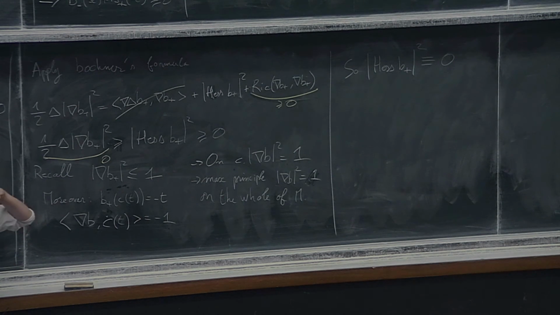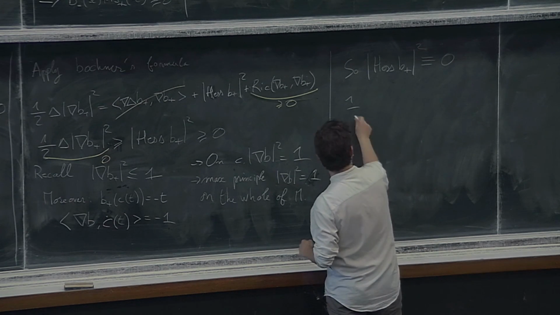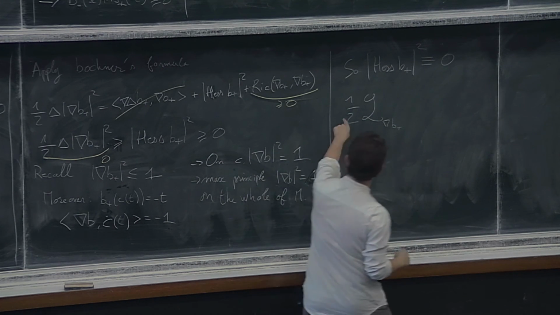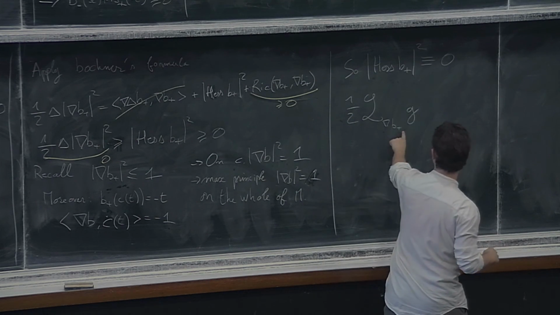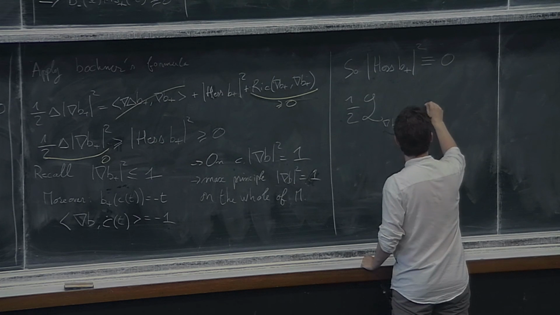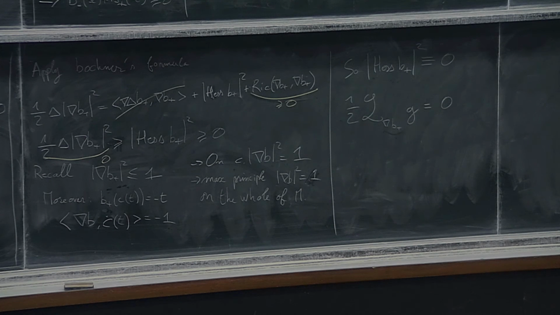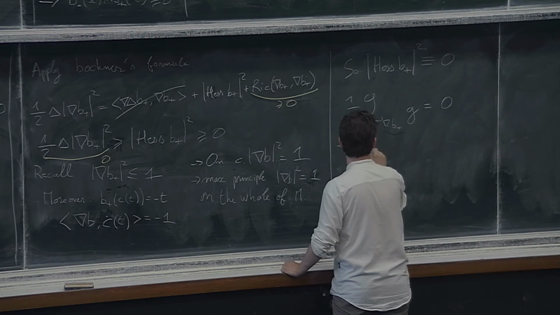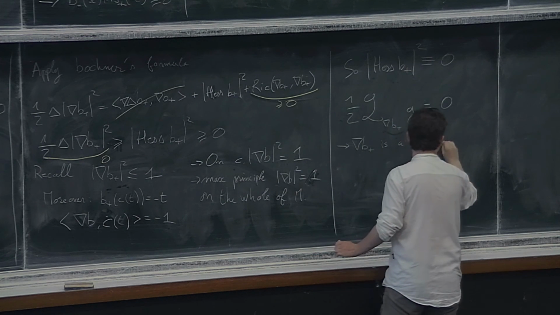In particular, its gradient curves are geodesics. Okay? Now, let's go back to the Lie derivative. It's been a long time. Hessian of b plus is the Lie derivative of g in the direction of the gradient. So it is 0. Okay? So what does that mean? That means that gradient b plus is a Killing field.